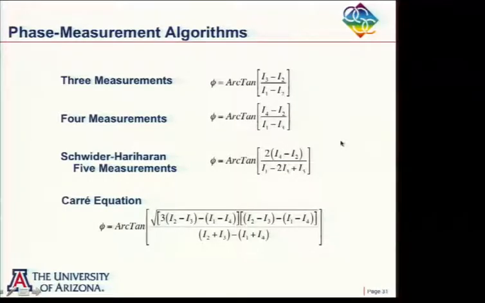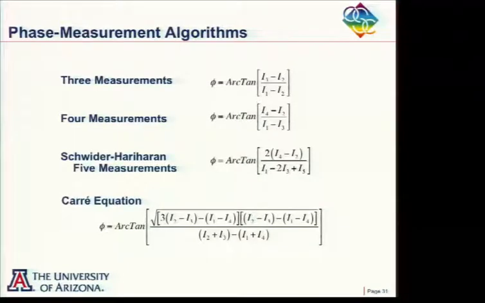Now, I should say I used to call this the Harahan algorithm. And one day I got a letter, not an email, I actually got a letter in the mail from Sweeter, who said, "Why do you call that the Harahan algorithm? I derived that and published it years before Harahan did."